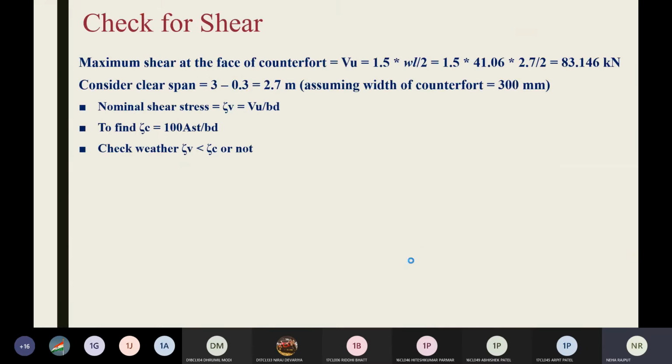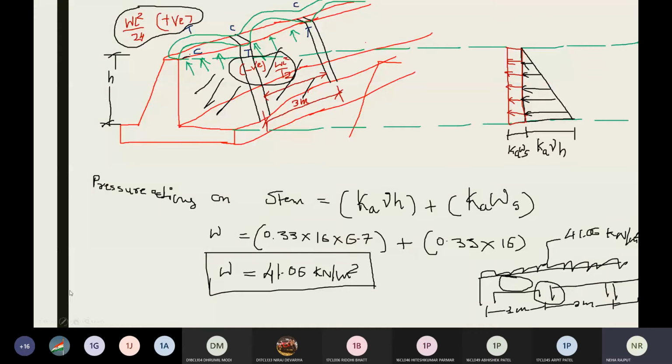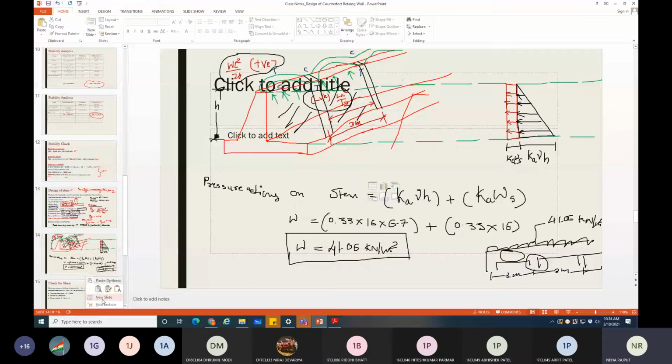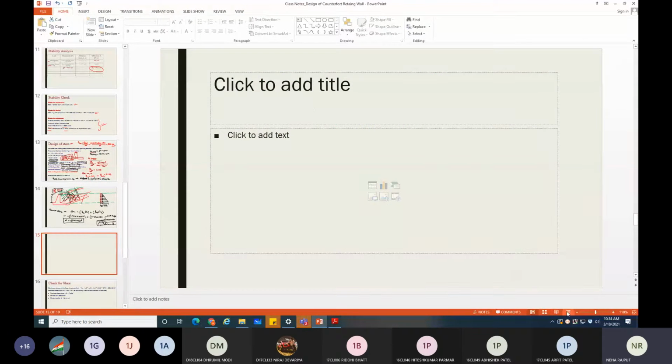Right. So if I draw the diagram for this, I'm just drawing the length view from the top. Right, so this will be your top view, and these are all the counterfort members, and this diagram you can see from the top.